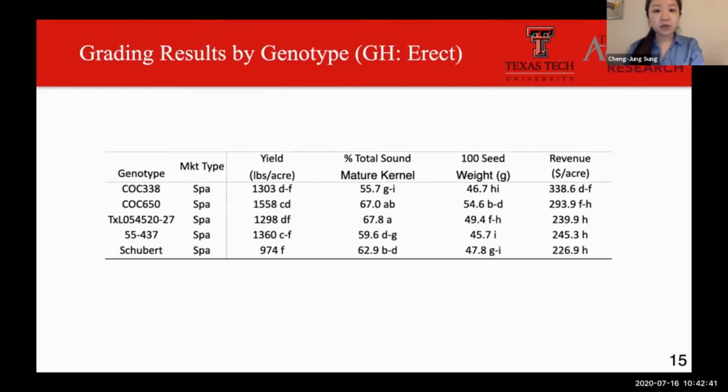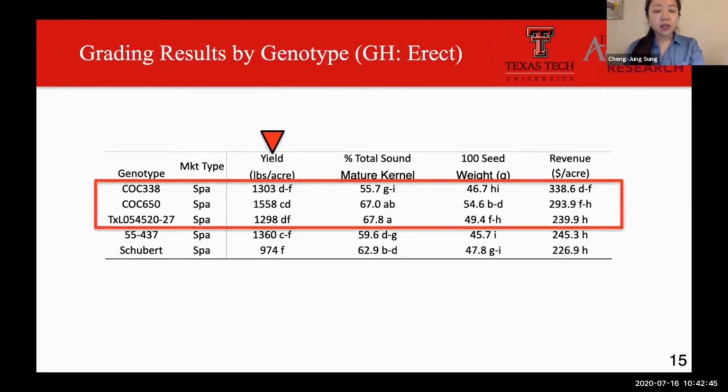As for the erect type here, I also sorted by yield. These three genotypes that I circled, including two mini-cores and one breeding line, have pretty nice yield, at least the top two, the two mini-core accessions. Sorry, for the second one, the genotype 650.